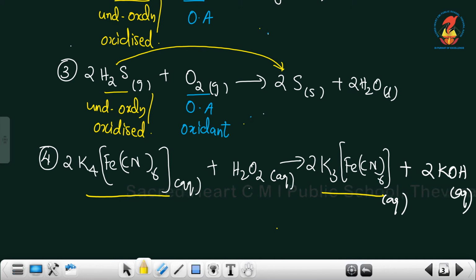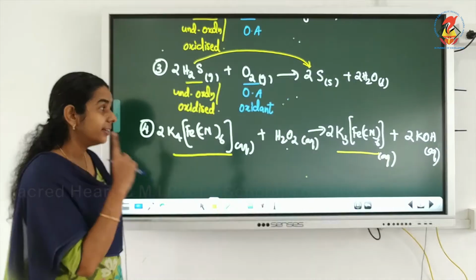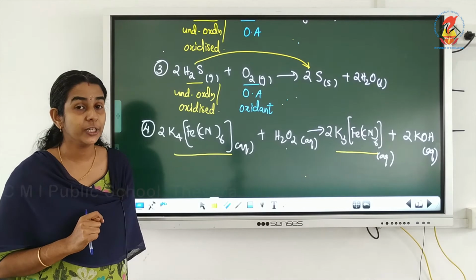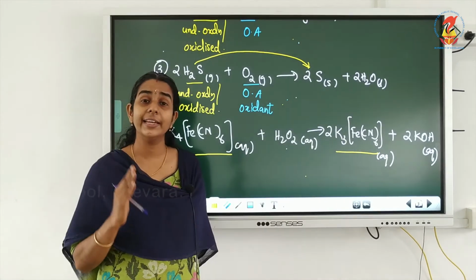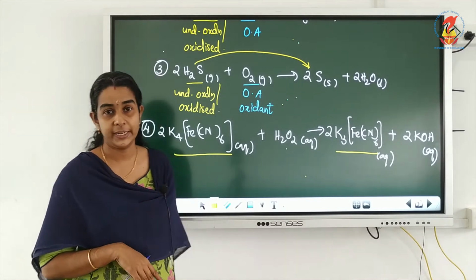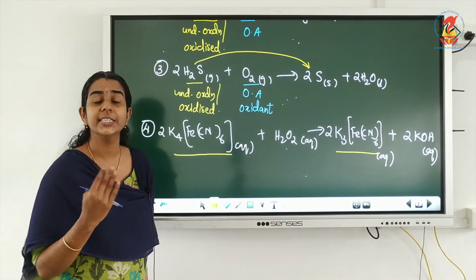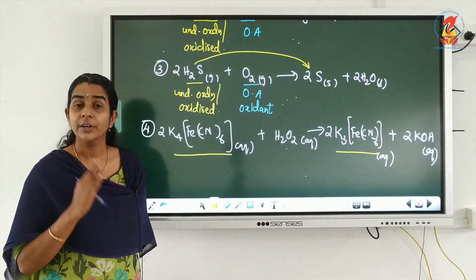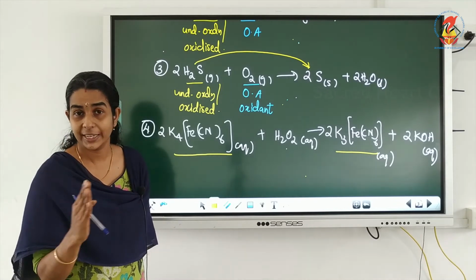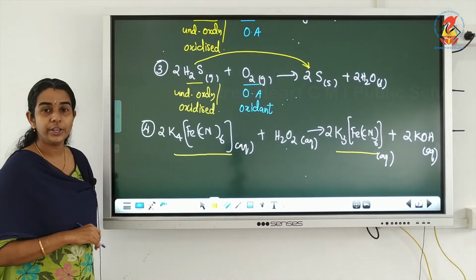That means there is a decrease of one potassium. K4 becomes K3, that means there is removal of potassium. Potassium is a highly electropositive metal, which comes in group 1 in the periodic table, isn't it? So here K4[Fe(CN)6] becomes K3[Fe(CN)6], which means there is removal of an electropositive element or electropositive metal, and that can also be considered as oxidation. So here who is undergoing oxidation?